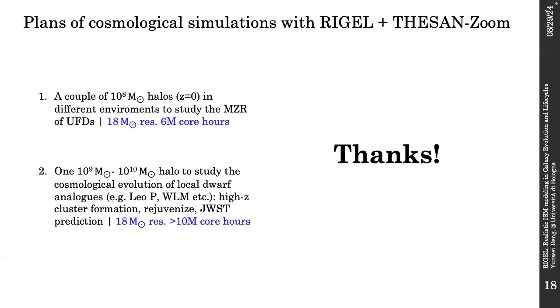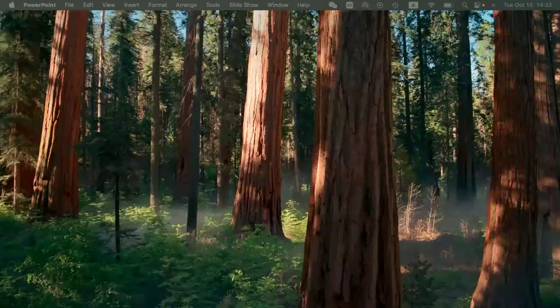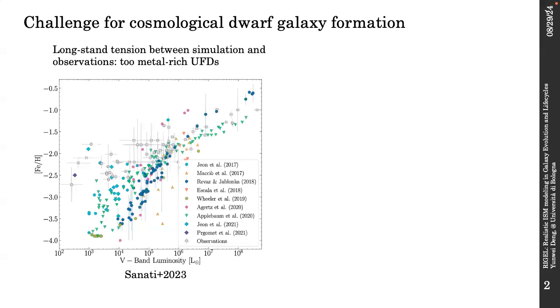Basically, the most exciting scientific question I want to solve with cosmological simulations is the mass-metallicity relation. For an isolated dwarf galaxy, you can never research this because you have to set an initial metallicity.